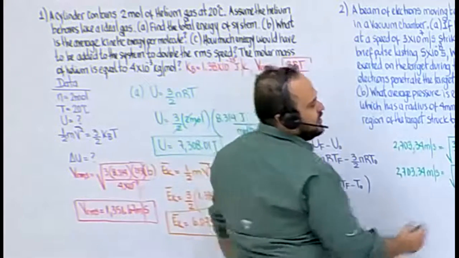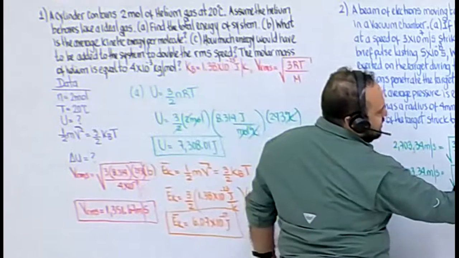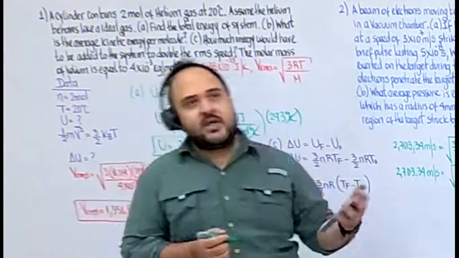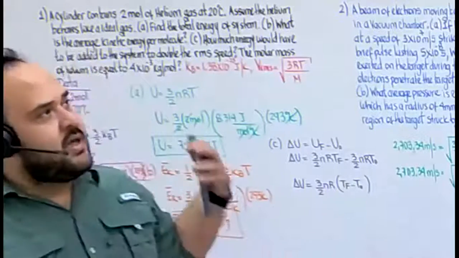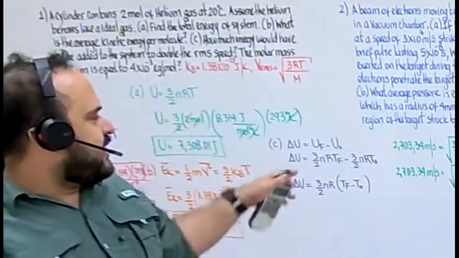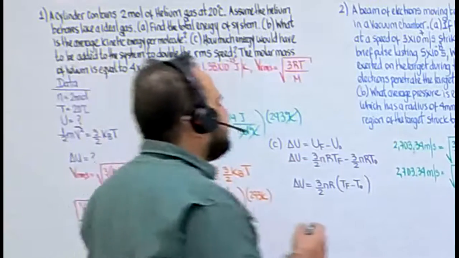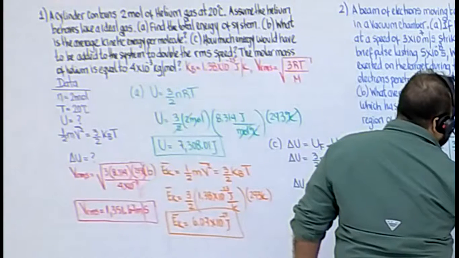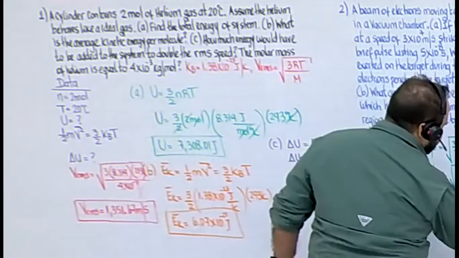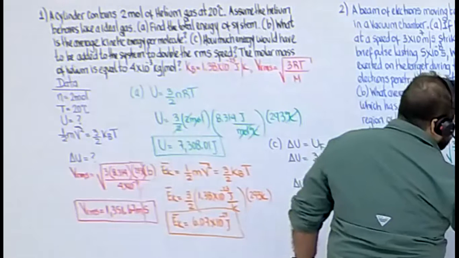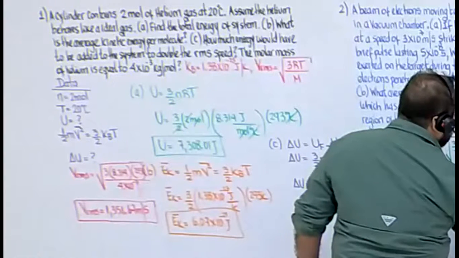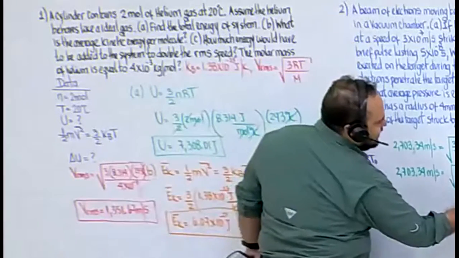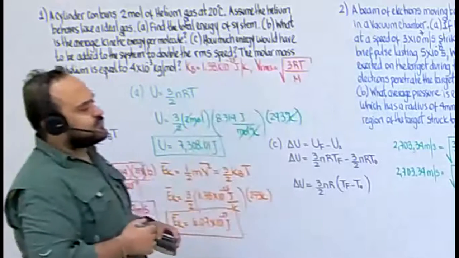If you see, mole cancels with mole. Joules, another way of saying joules, is kilograms meter squared per second squared. Because we have kilograms, we cancel kilograms with kilograms, and that leaves meter squared per second squared, divided by the Kelvin degrees. This is going to be the final temperature.